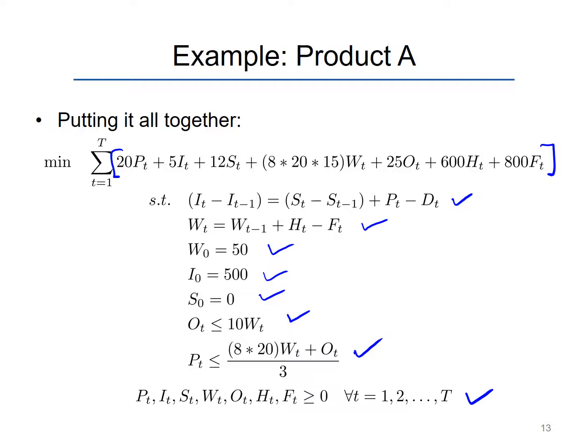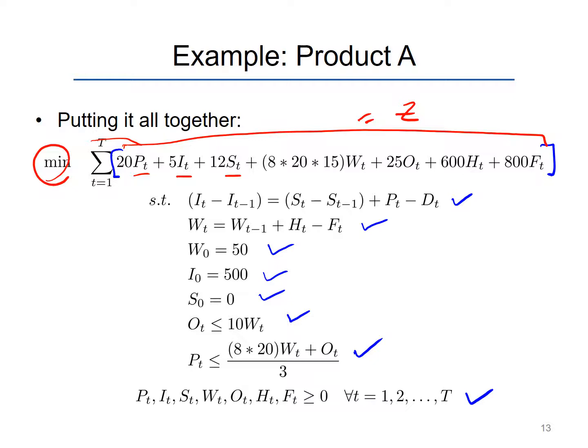So what this formulation is telling any solver, like an Excel solver or MATLAB or whatever you use, is I want to minimize this expression, or this summation, often referred to as Z. So minimize Z while changing these variables. So remember, this is summation from T equals 1 to big T equals 6.